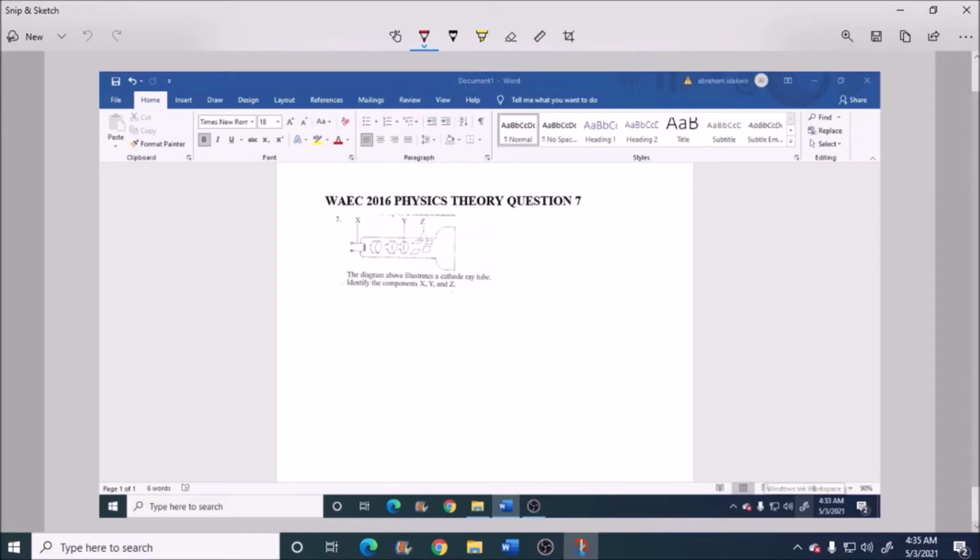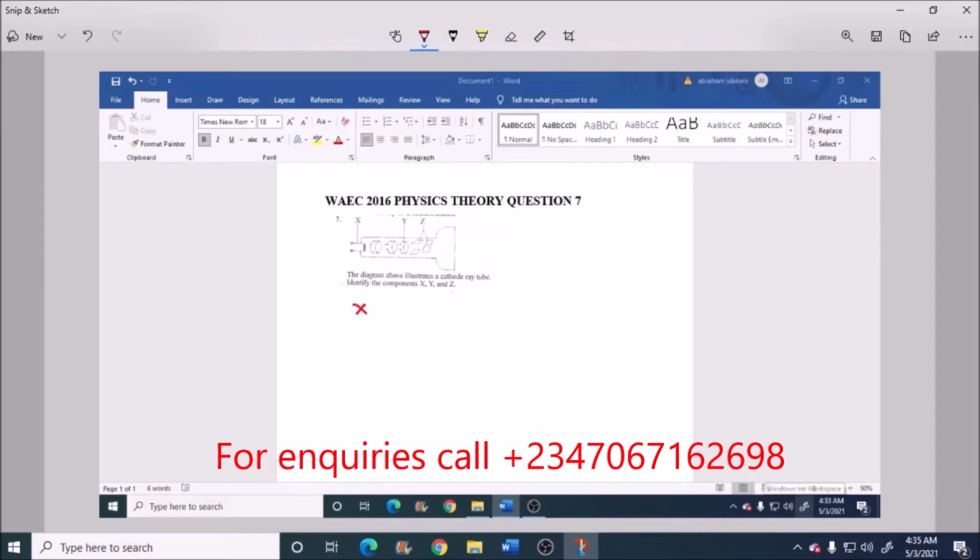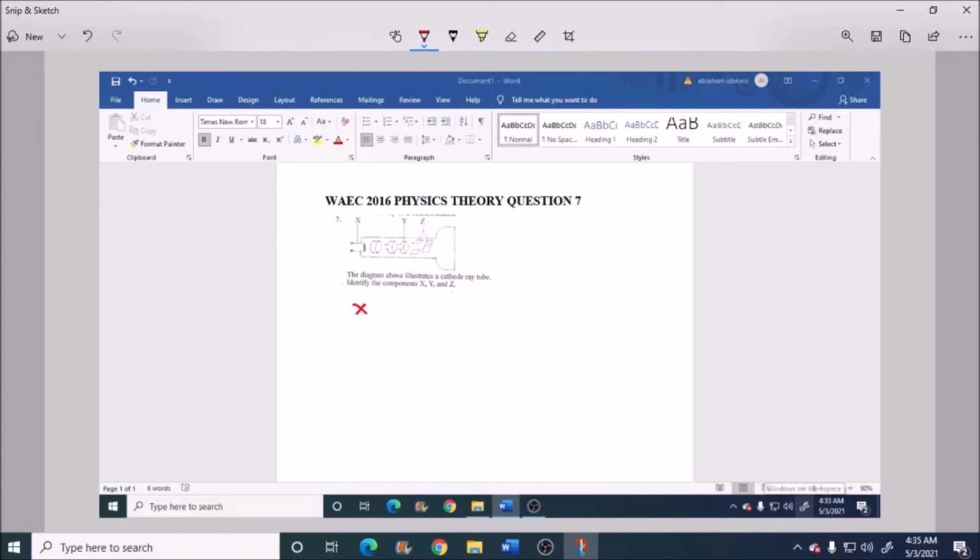So we have X is the filament or the heater or the cathode.